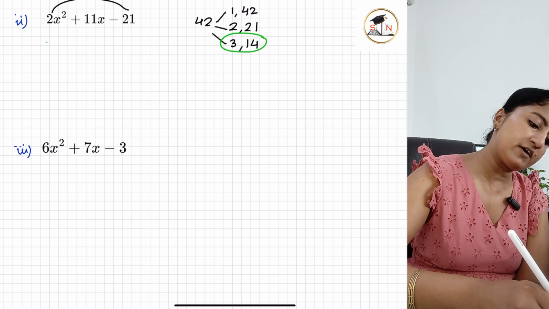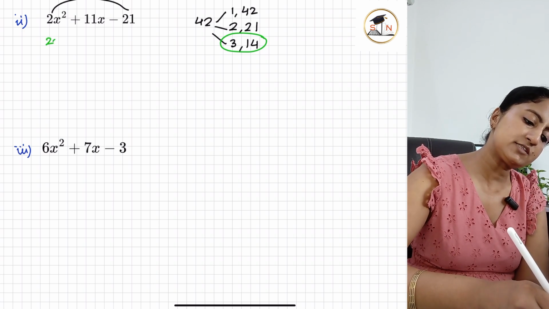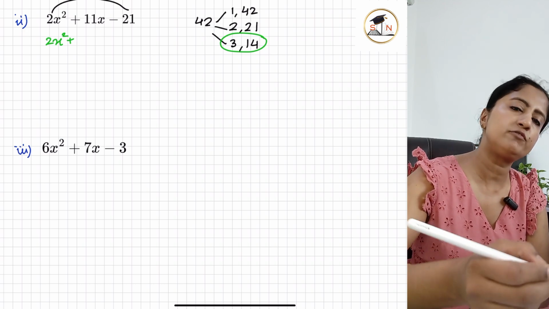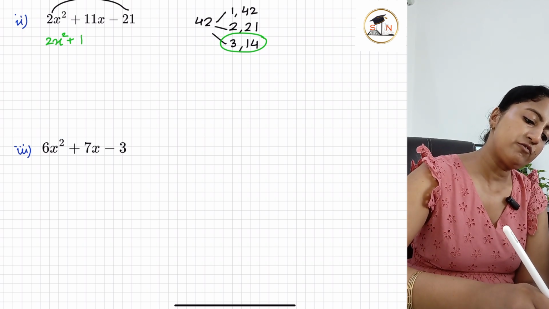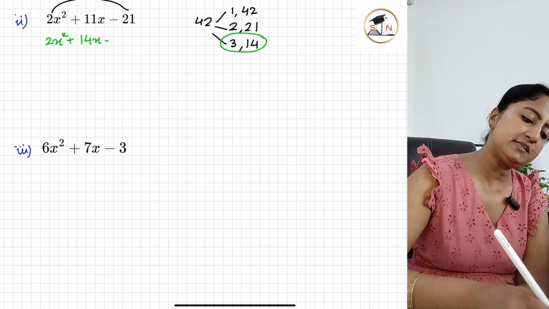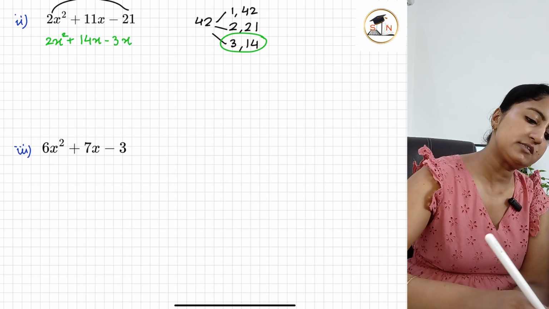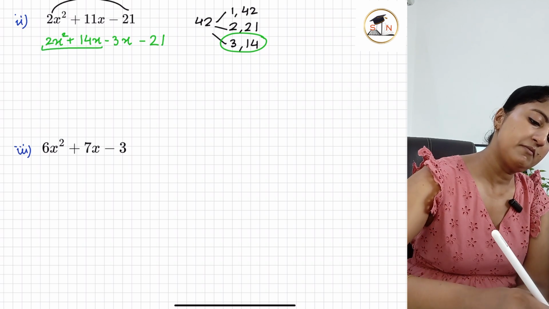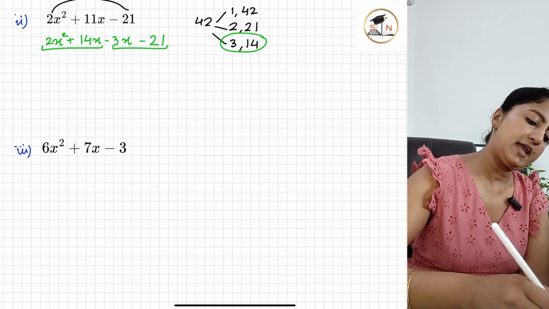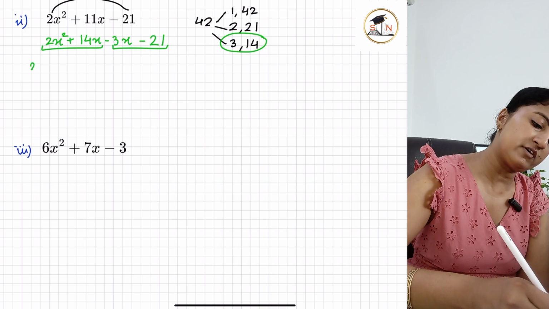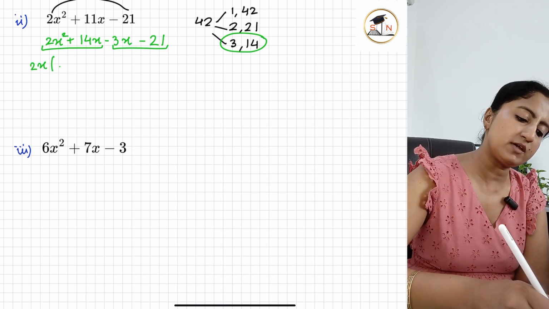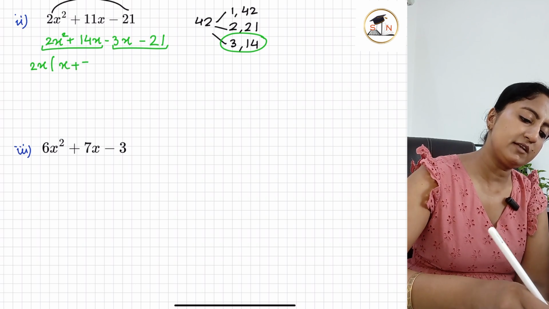So let's continue with factorization now. 2x squared remains as it is. We are going to split 11x into 14x and 3x. So now 14x minus 3x minus 21. Now we are going to pair them like this, and taking out common factors, the first pair gives us 2x as a common factor, leaves us with x plus 7.